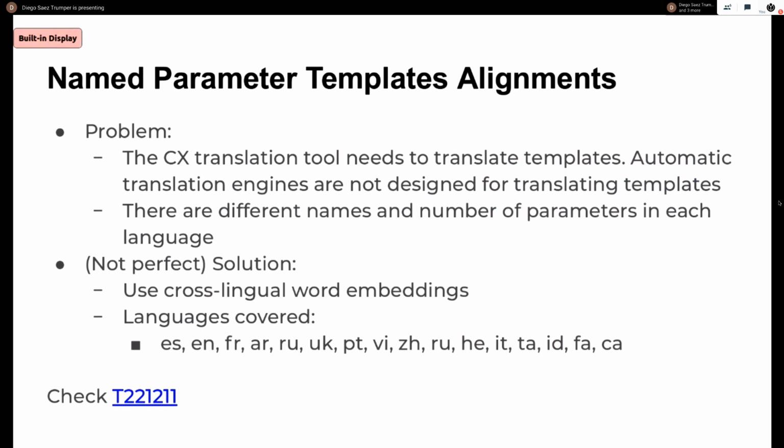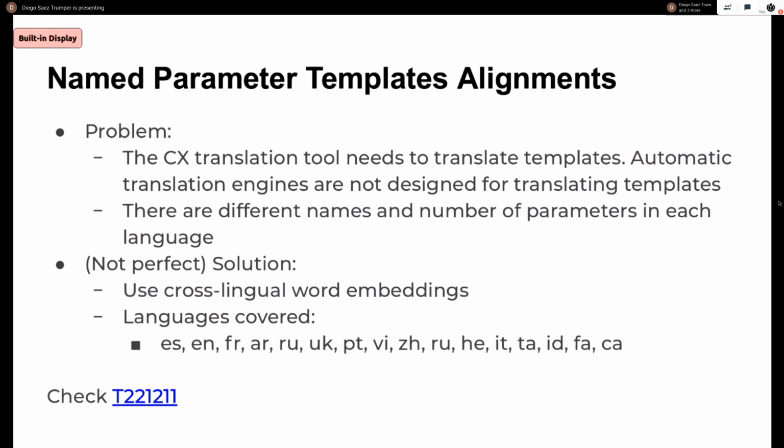And in fact, this is what we have done for another application, which is the named parameter templates alignment. This is something that we were working on, and it's already implemented now in the content translation tool. So thank you to all the language team, Santosh and Pau, the people that I have been working with most on this.